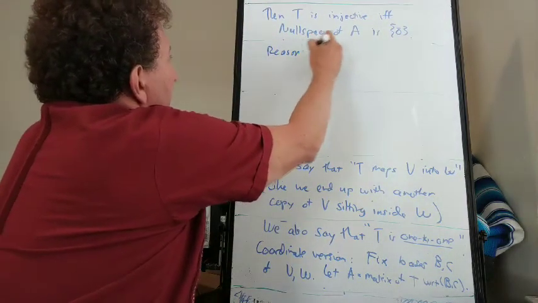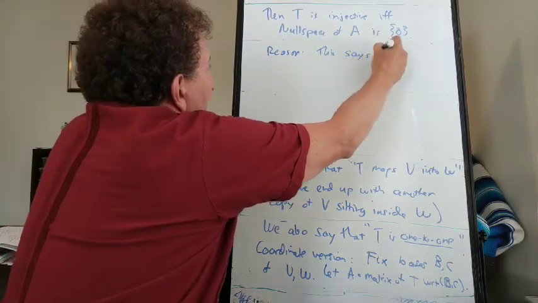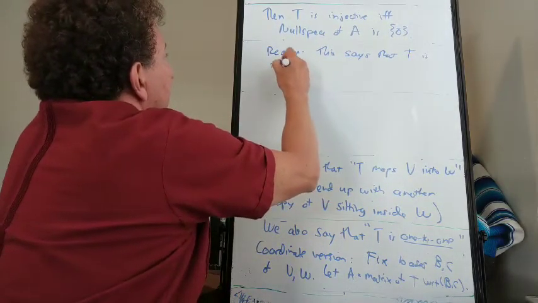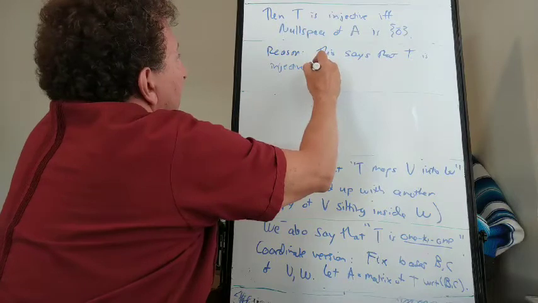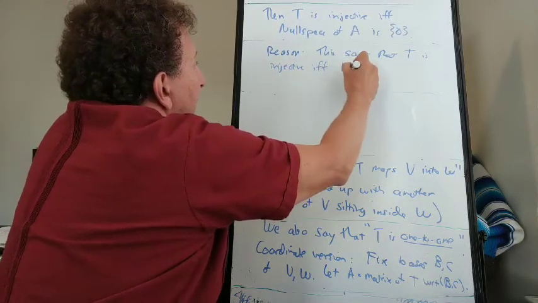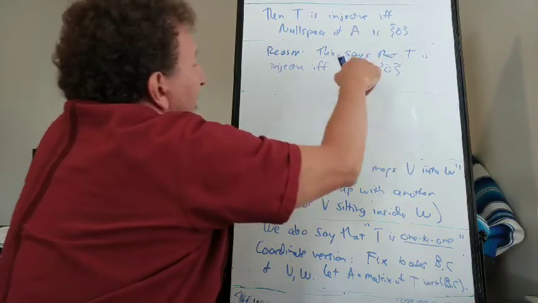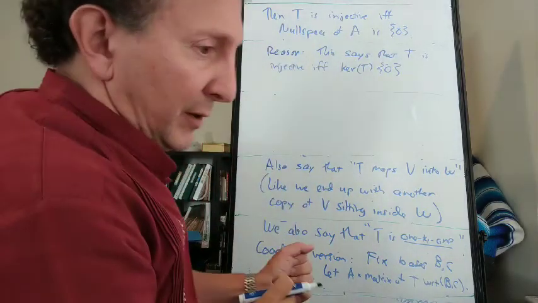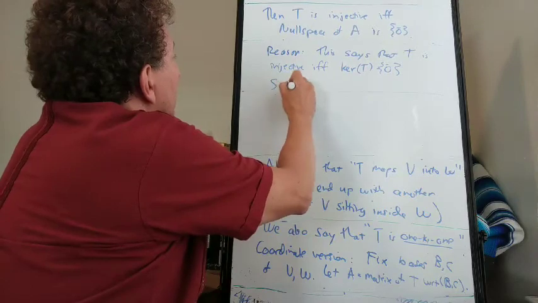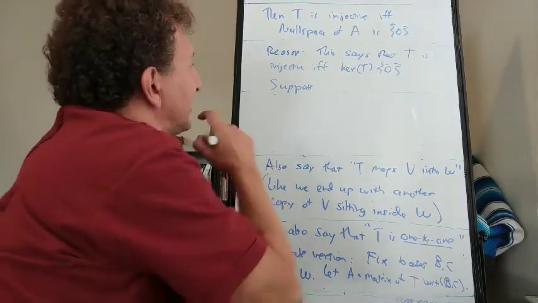So the reason is this says that T is injective if and only if the kernel is the zero space. Kernel of T is the same as the null space of its matrix. So let's suppose that the kernel is not zero.